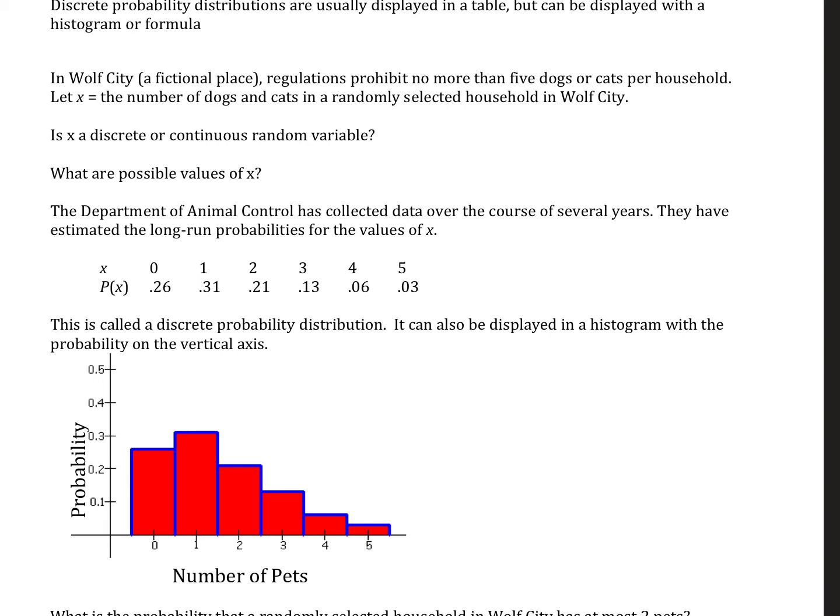All right, so we have an example here. In this fictional city, you are allowed to have no more than 5 dogs or cats. We're going to let x be the number of dogs and cats in a randomly selected home. So is x discrete or continuous? That is discrete. We cannot have a decimal of a pet. What are possible values of x?